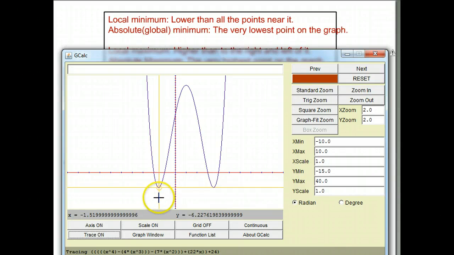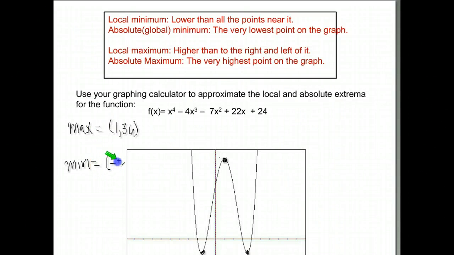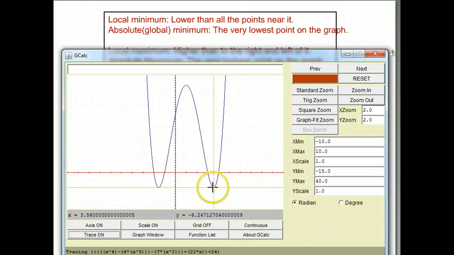So that looks like about negative 1.5, negative 6.1. And then we had another one over here, so again let's trace and find out where that point is located. It's at about 3.5 and negative 6.1. They look like they're about in the same place. Okay, so about 3.5, negative 6.1.